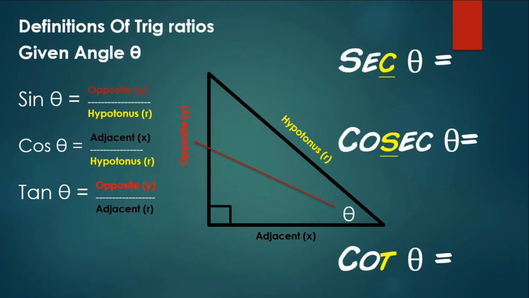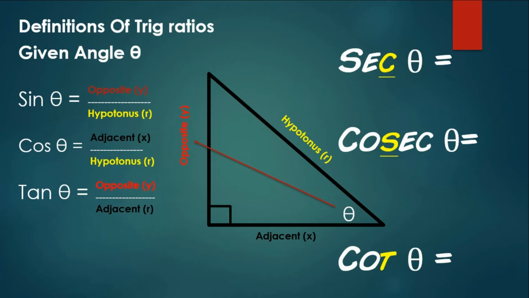It's just the inverse, not the opposite, the inverse. So how do you identify the inverse of cos, sine? As you can see, sec, I have added the third letter, meaning the third letter is C. Now let's check which trig ratio starts with C.